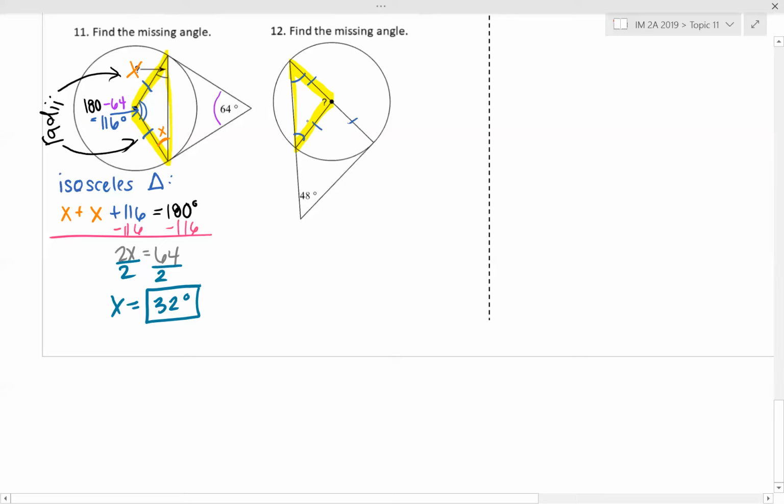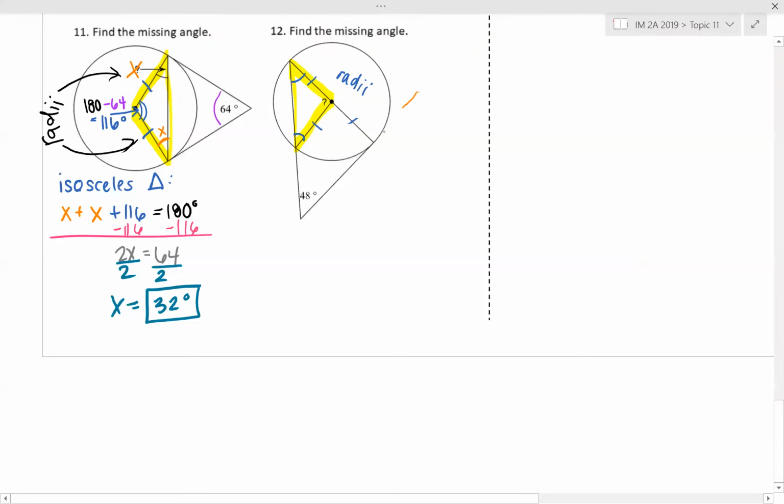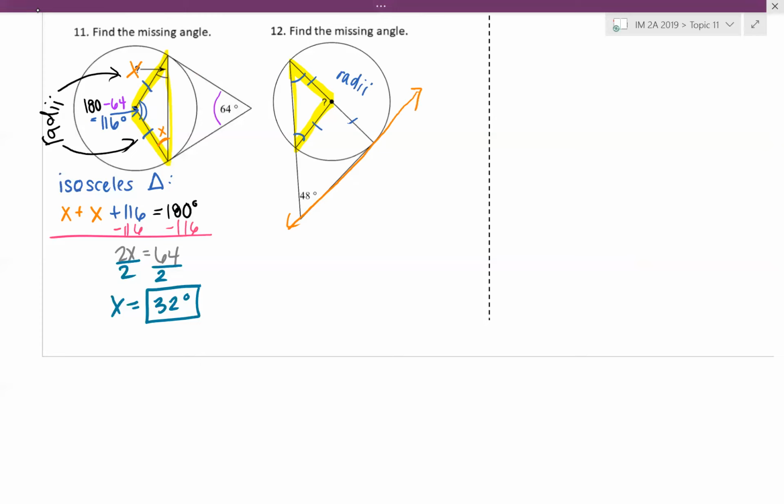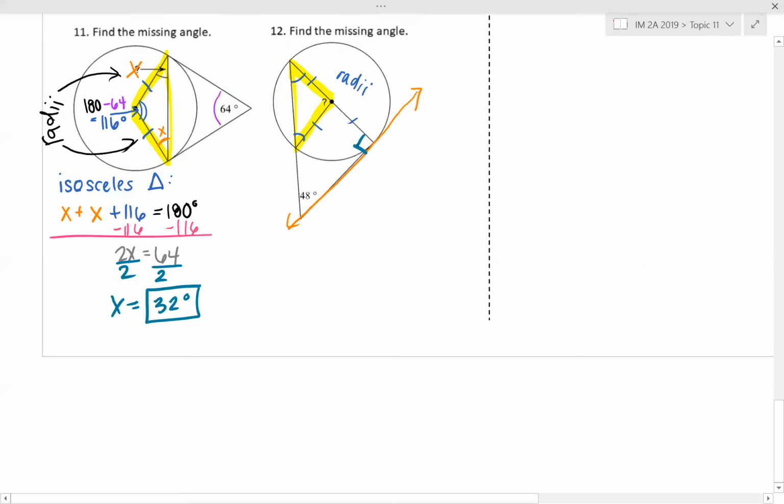So since the radius is those two sides, that means that they must be congruent base angles as well. This diagram, though, is not the ice cream cone. If we think about the tangent is this line here. So that means that this one is a right angle problem. So I know that that's a right angle.